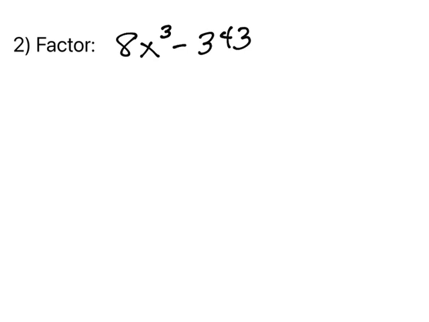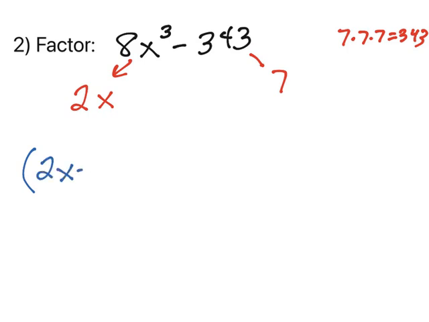What if we have 8x cubed minus 343? Well, if I think about the cube root, 2 times 2 times 2 is 8, so that gives me 2. And the cube root of x cubed is x. Now, 343 is the same as 7 times 7 times 7, so the cube root of 343 is 7. Again, that makes my first binomial pretty easy, 2x minus 7.